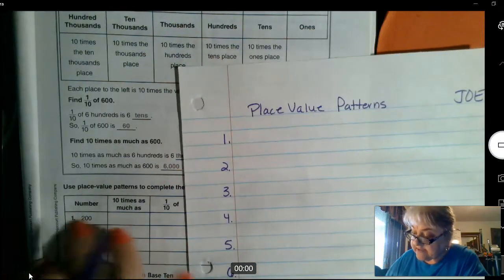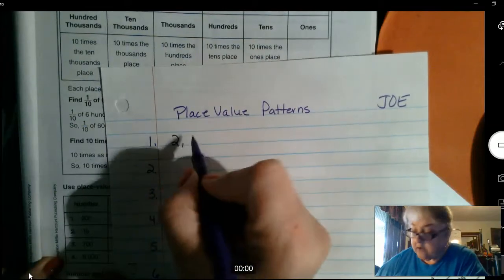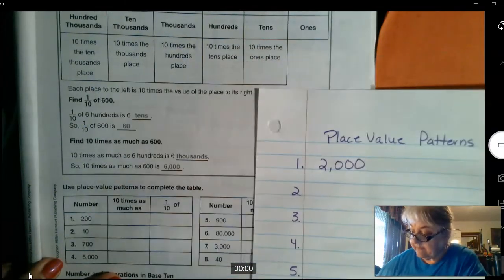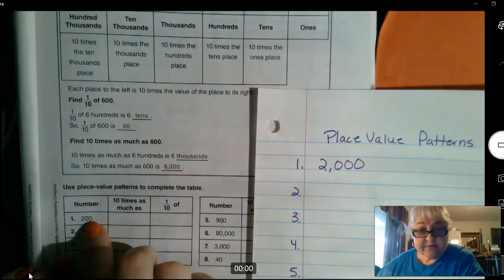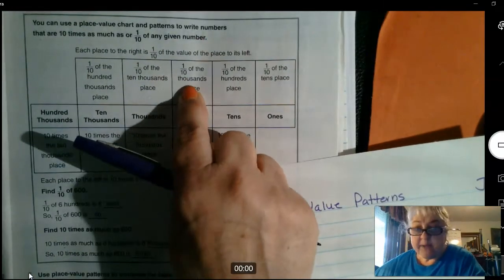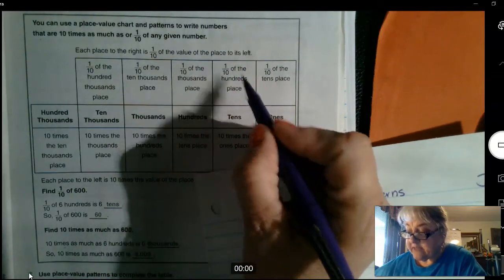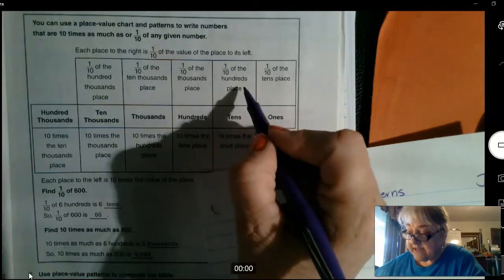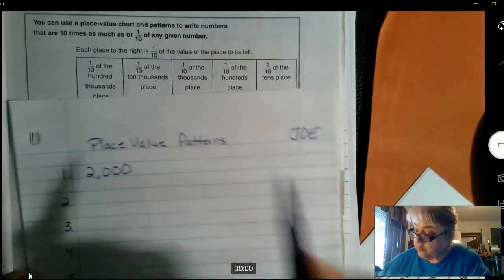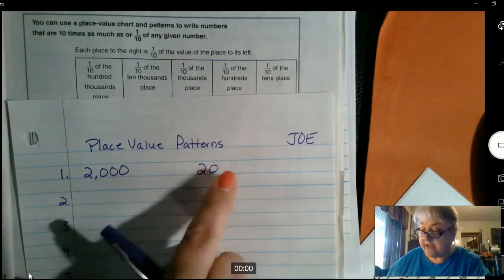So for number 1, 10 times as much as 200, I want you to write down 2,000. Now, what would 1/10 of 200 be? That means if 200's here, I'm going to go back, which makes it 1/10, or dividing by 10, and I see tens. So that means 1/10 would be 20. So you have two answers, 2,000 and 20.